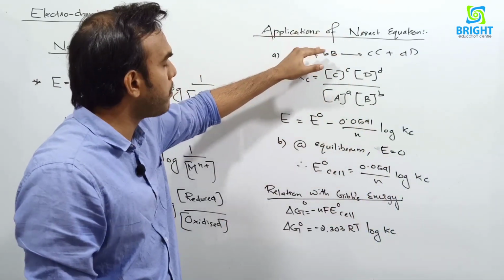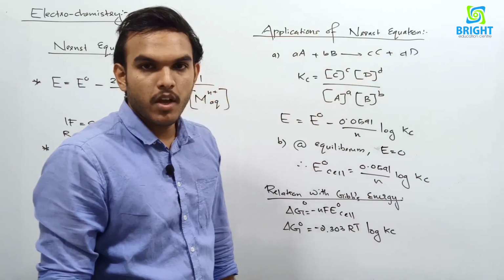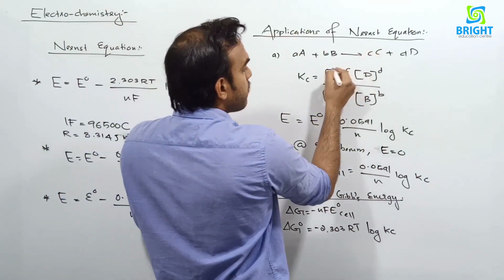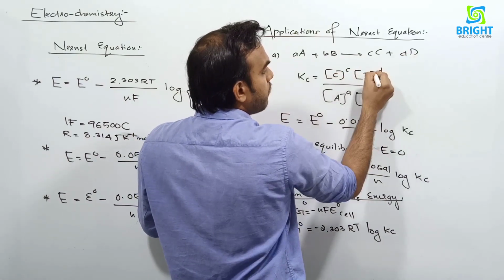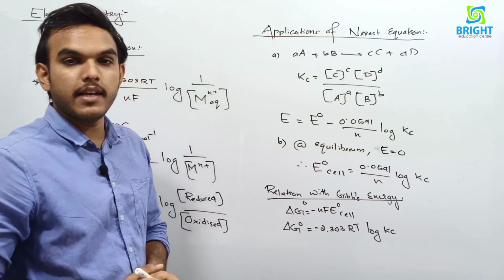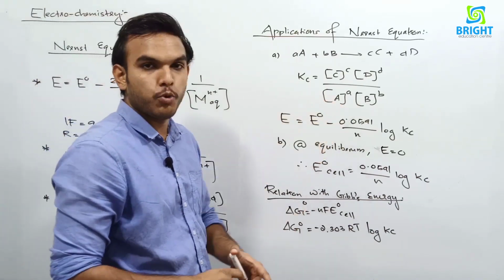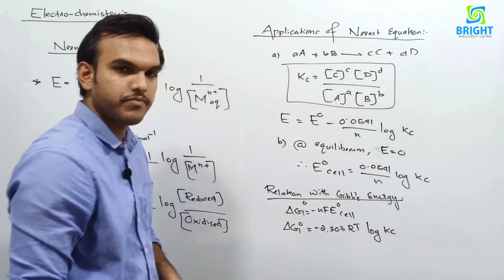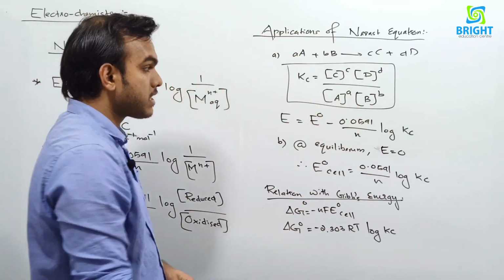Then what are the applications of the Nernst equation? Consider the equation aA plus bB gives cC plus dD. We can write the equilibrium constant Kc is equal to concentration of C raised to c into concentration of D raised to d divided by concentration of A raised to a into concentration of B raised to b. This is the equilibrium constant Kc, with respect to concentration.